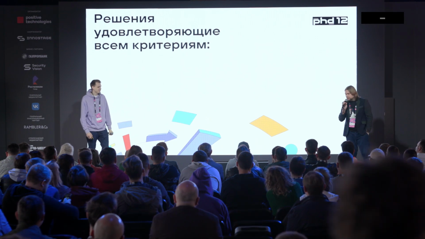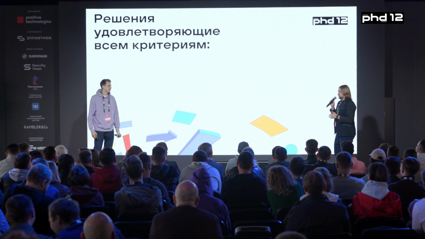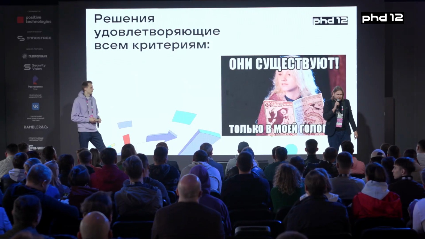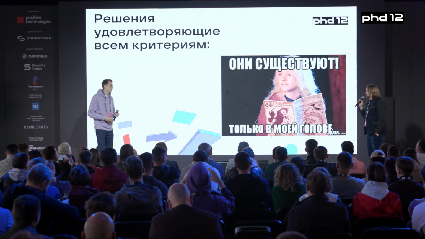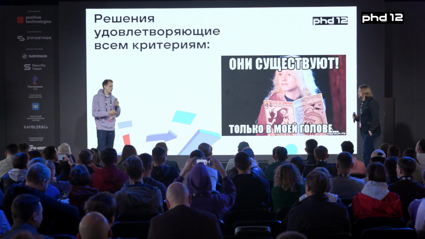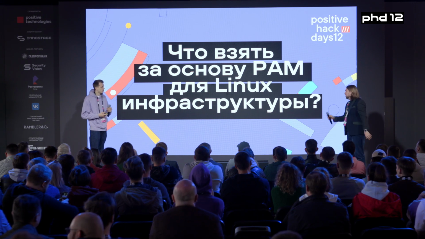In essence, as Pavel has said, we have identified a set of technical criteria that we are using to evaluate in-house solutions and open source solutions. And as you may see, we now see that there are almost no solutions that would meet all the criteria.